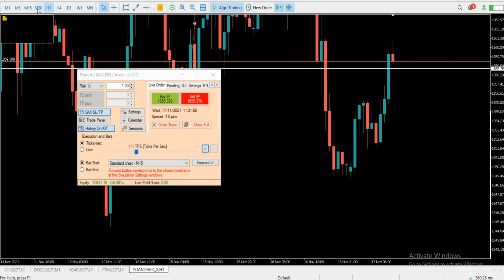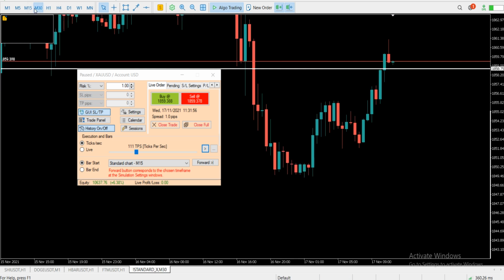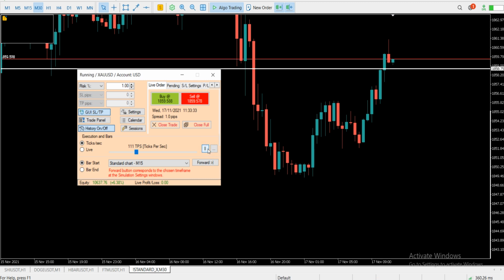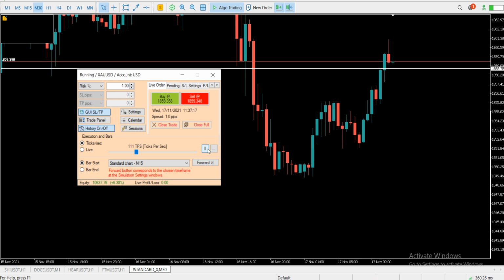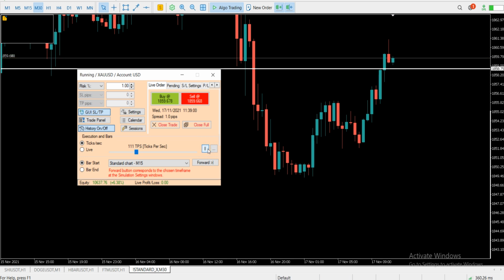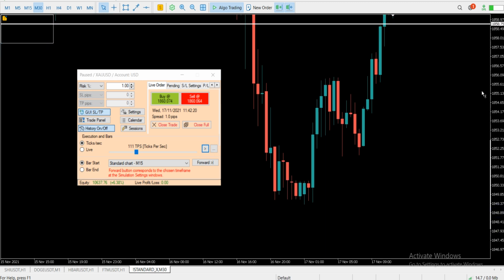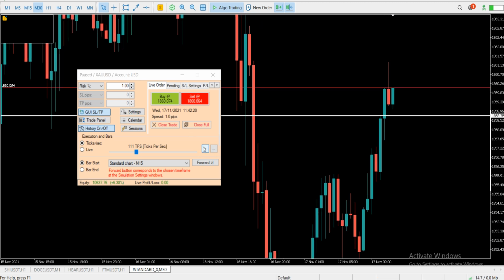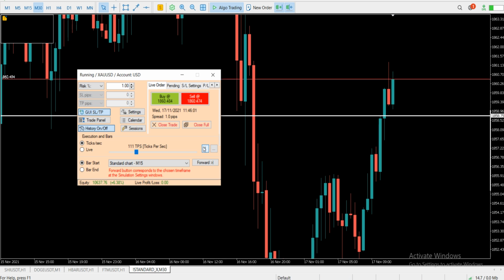Looking at the 1 hour, if this candle breaks the low, I will execute a sell. If it doesn't happen, then that means there was no trading day today.